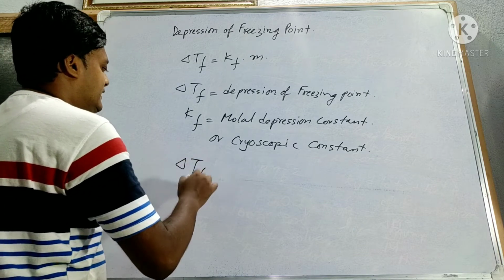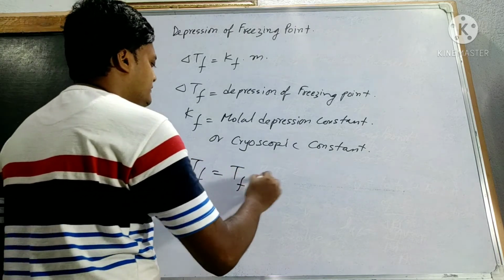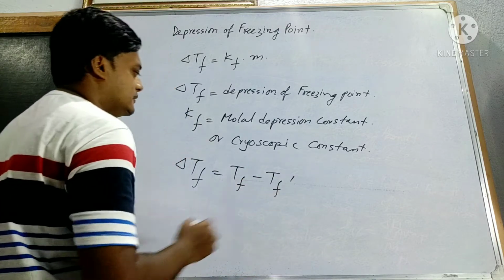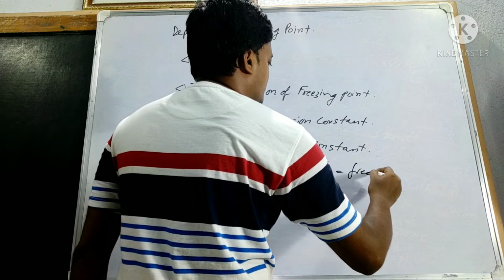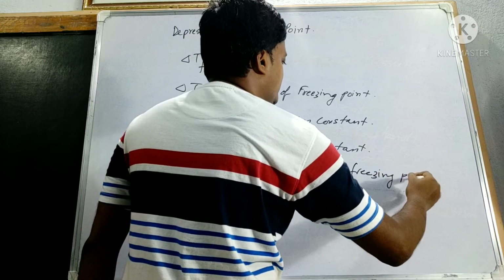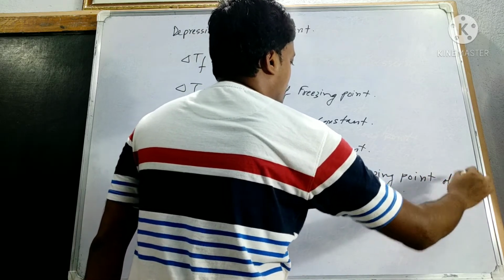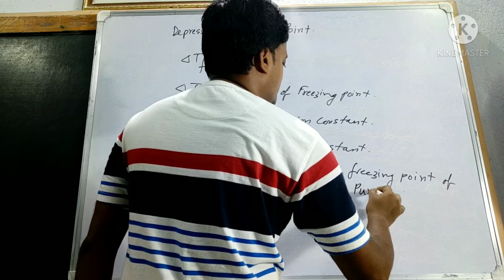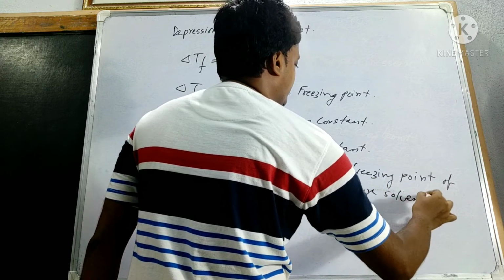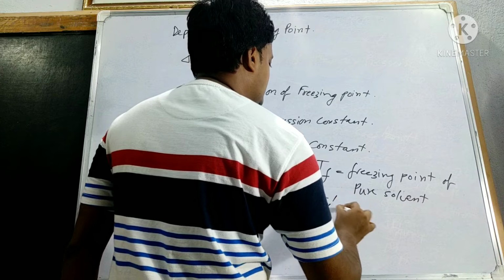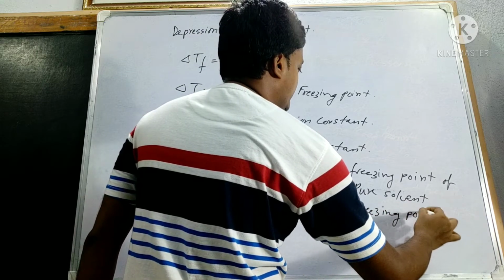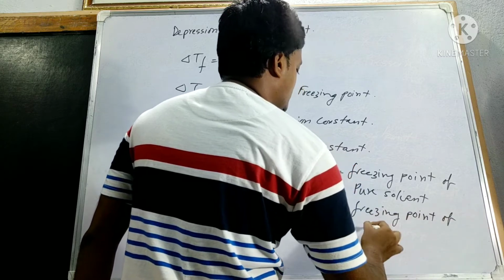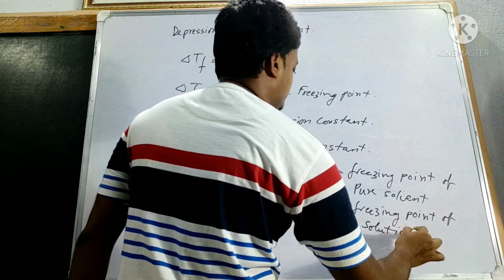Now delta Tf equals Tf minus Tf dash, where Tf is the freezing point of pure solvent, and Tf dash is the freezing point of solution.